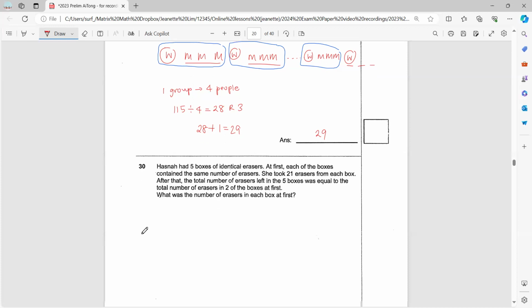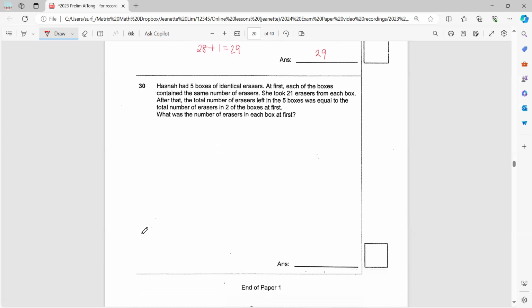Okay, so for this question, let's draw out. It'll be easier to see. Draw out 5 boxes. Supposed to be equal. Then each of them contain the same number.